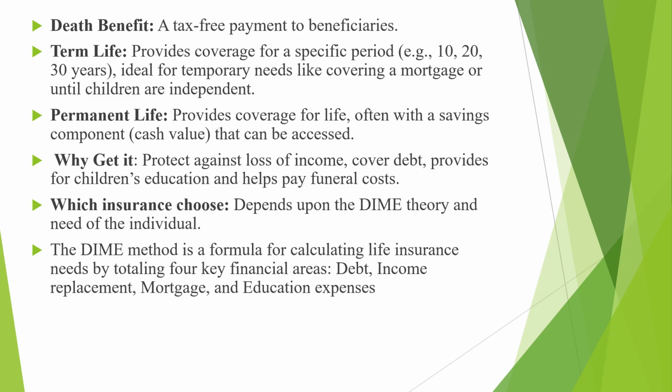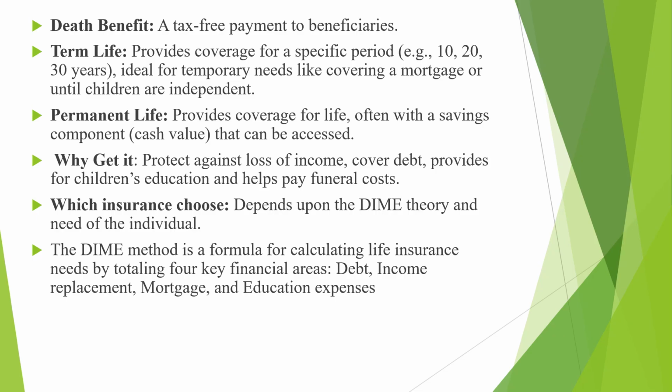It's not random that you can choose term or permanent. It totally depends on your financial needs and your DIME theory. It's very important that every individual goes through this DIME theory, which helps them decide what amount of coverage they should go with and what type of insurance they should take.